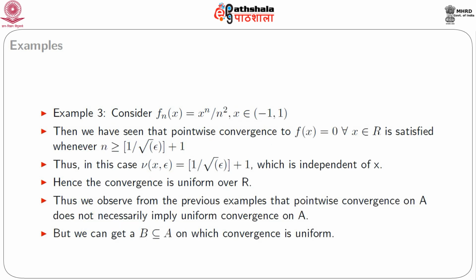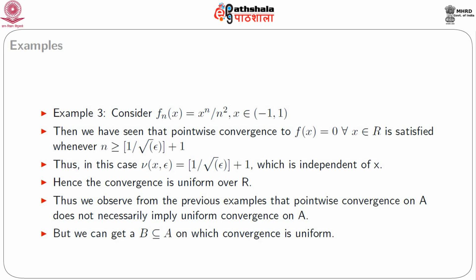Consider our next example, which involves the sequence of functions x^n/n² for x belonging to the open interval (−1, +1). We have already seen pointwise convergence to f(x) equal to 0 for all x, and we have also determined ν_x(ε) as the floor of 1/√ε plus 1.